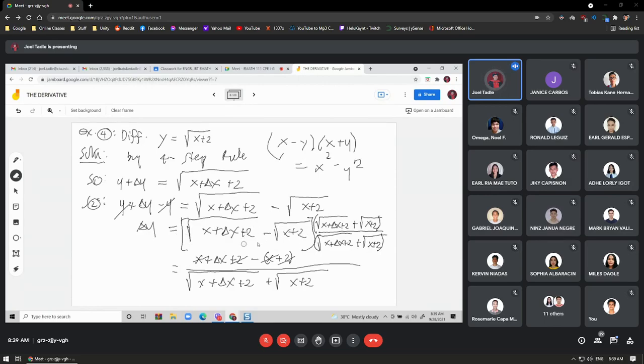So, what we do here is multiply by its conjugate. So, we multiply this, no? Square root of x plus delta x plus 2 plus square root of x plus 2 over square root of x plus delta x plus 2 plus square root of x plus 2.